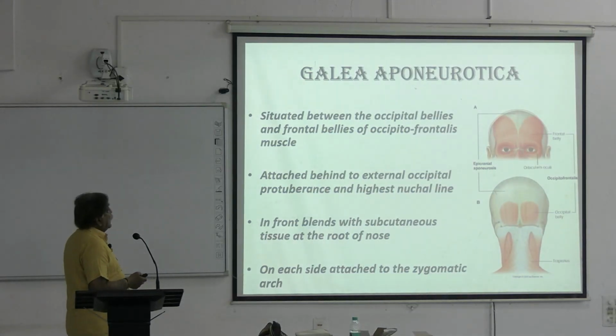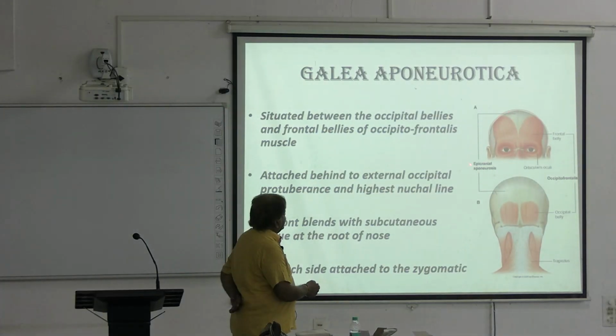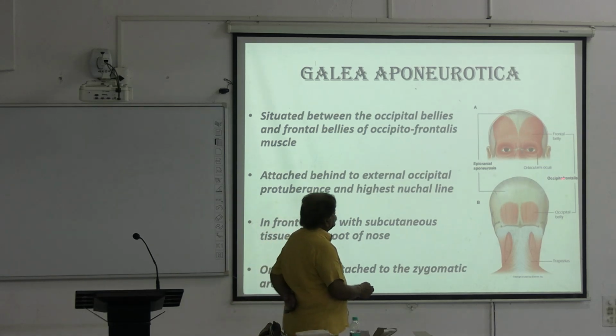Now, galea aponeurotica, the epicranial aponeurosis, the frontal belly of occipitofrontalis, the occipital belly, orbicularis oculi. Now the trapezius muscle.